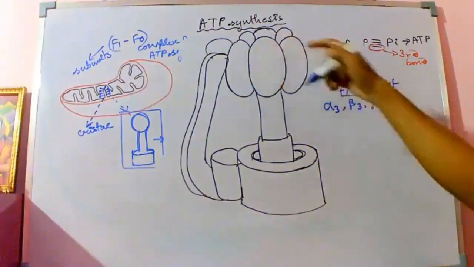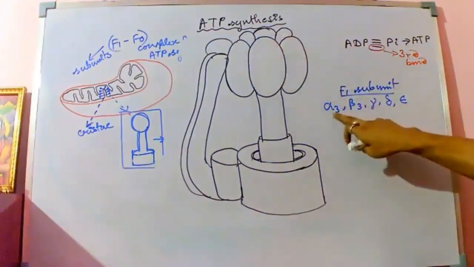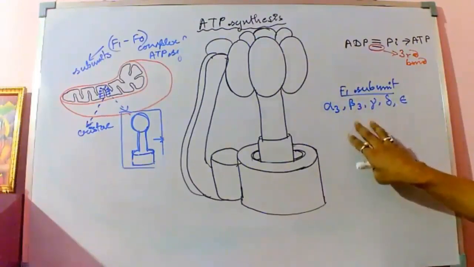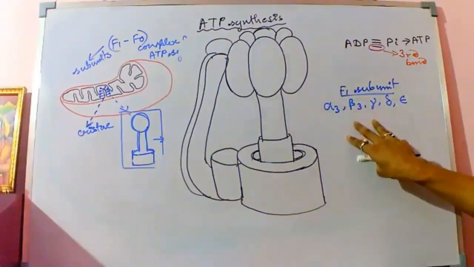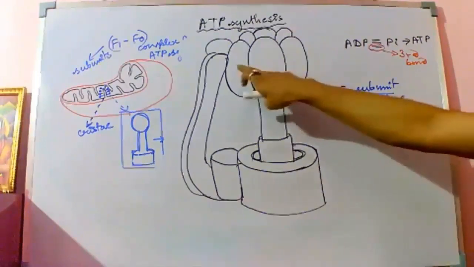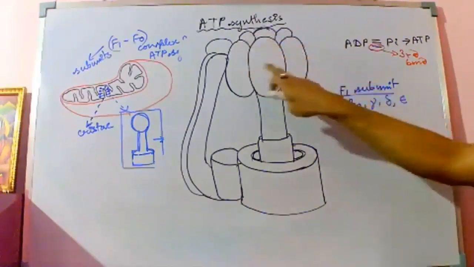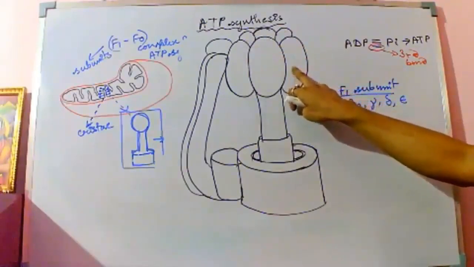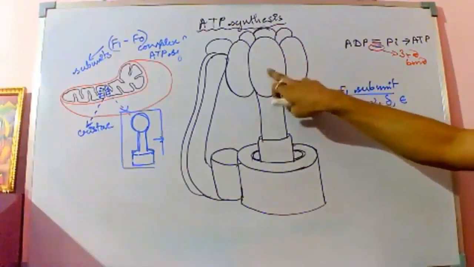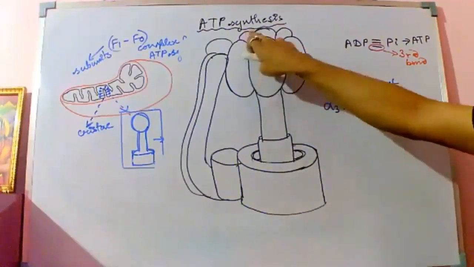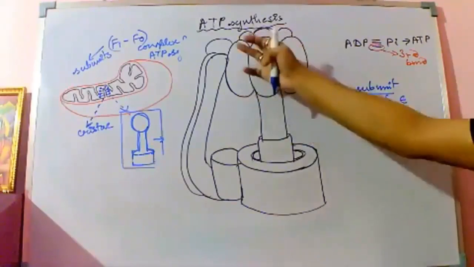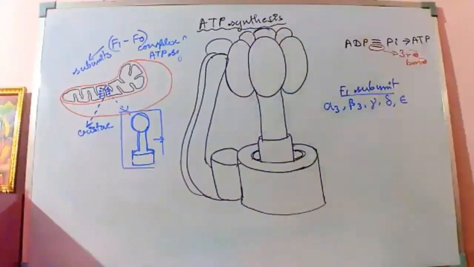So repeat. This alpha 3 and the beta 3, these 3 plus 3, 6 nucleotide microunits are arranged in this hexamer. Hexamer means the geometrical figure having 6 sides. So this is one, this is another one, and there are 3 units here and another 3 units present. But this alpha and beta are arranged in alternate form.